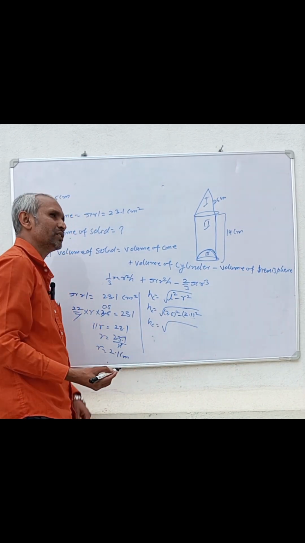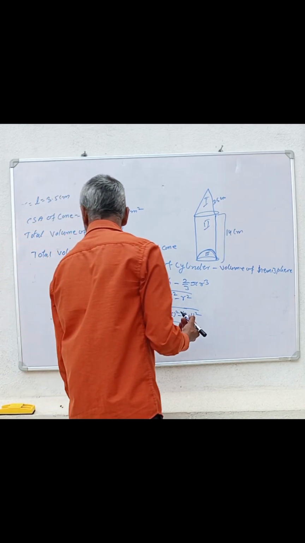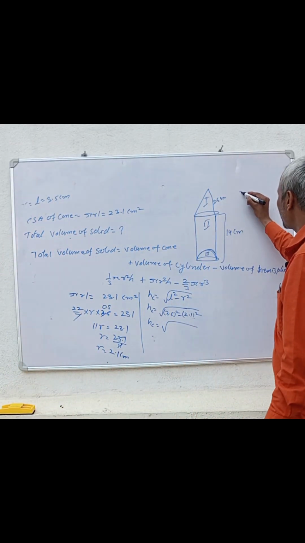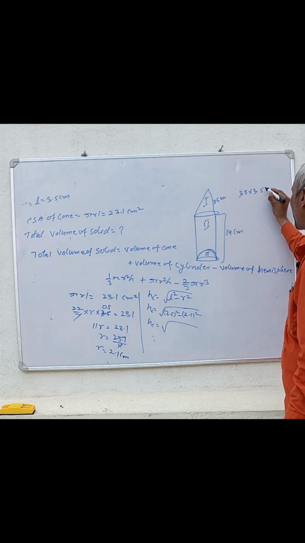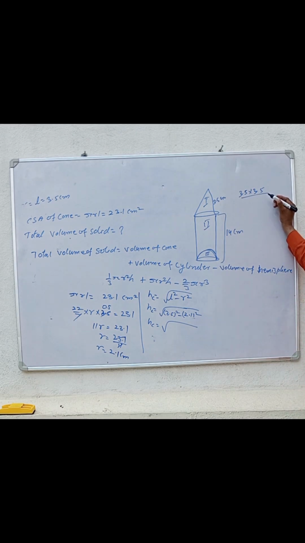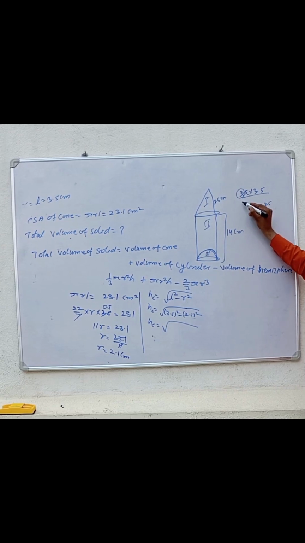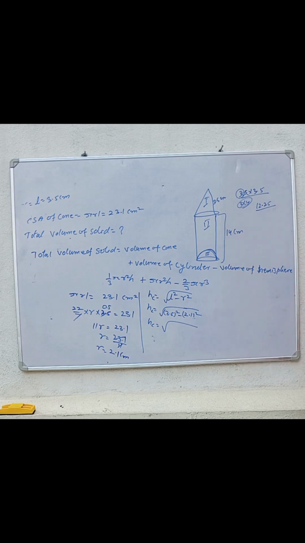Here is one small shortcut trick. Suppose we are finding 3.5 into 3.5, the square of a number whose last digit is 5. Then we take 5 square, which is 25, and the next number, 3, is multiplied by the one after it, 4. 3 fours are 12, so this is the square of that number.